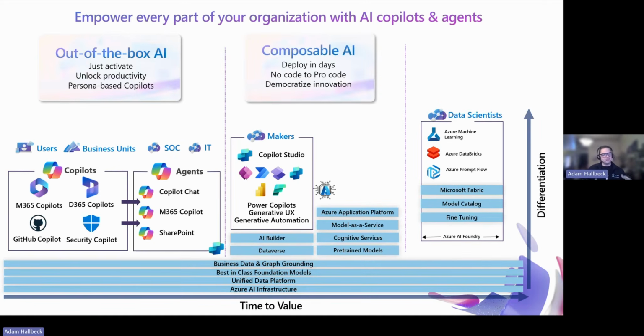Then we get into the middle ground here, and that's where we have our low to pro code Power Platform. So we're sandwiched between the turn the keys and go productivity tools, near and dear and familiar with Microsoft 365, and the other end of the spectrum, Azure and Foundry and all of the more advanced pro code tools that we can use to build something floor to ceiling, manage it, maintain it. It's ours. We deploy it.